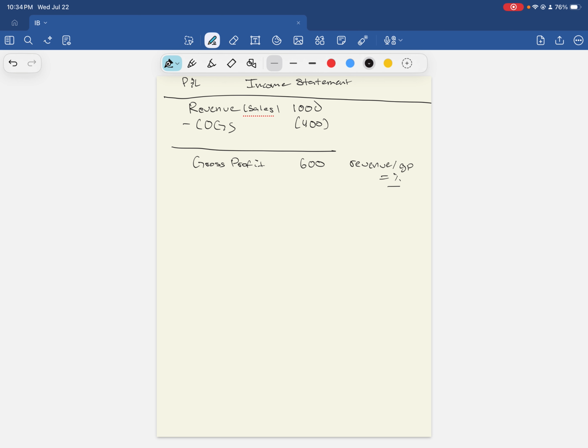Okay, we've ended up at gross profit now. You may be wondering, what do we do now, right? Let's subtract out something called OPEX. OPEX is basically your operating expenses. So this covers SG&A, anything that has to do with running the business: salaries, rent, marketing, administration stuff. You're going to subtract that out.